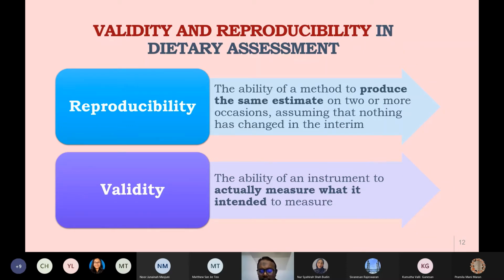If a known weight is 5 kilogram, the machine should show the weight is 5 kilogram, it cannot be 6 kilogram or 4 kilogram. So it should measure what is actually intended to be measured. So that is briefly on reproducibility and validity.